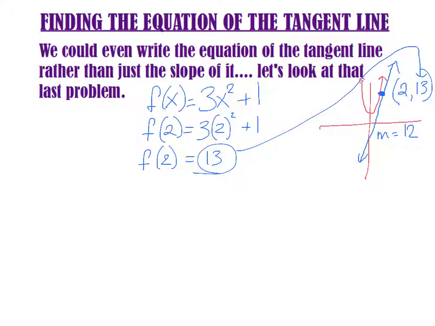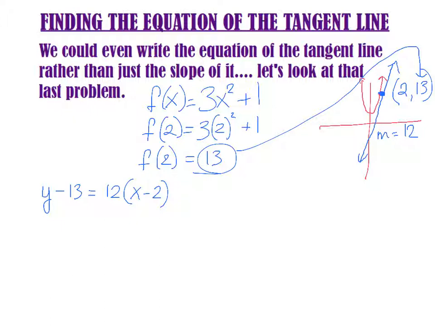Now I'm going to just do a little bit of Algebra 1 work where I have a point and the slope. You can use point-slope form if you like, or you can use slope-intercept form. I'm going to go ahead and use point-slope form because in calculus you tend to use point-slope form a lot more. y minus y1 equals m times x minus x1.